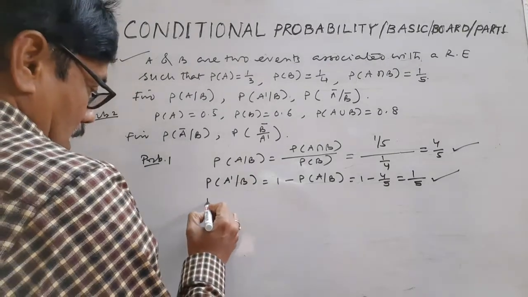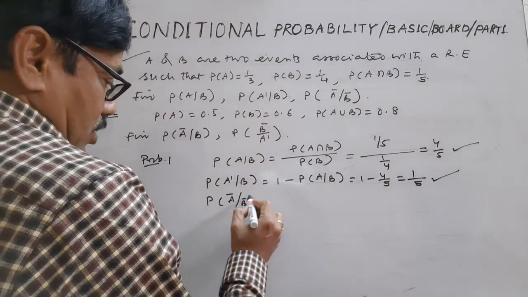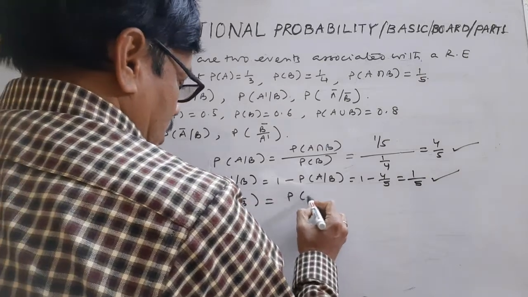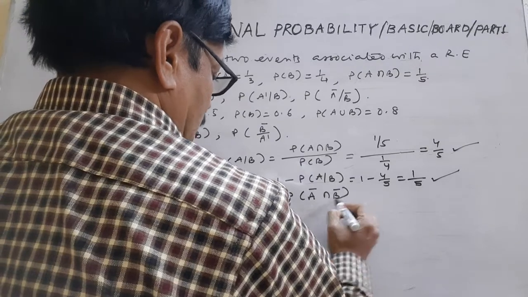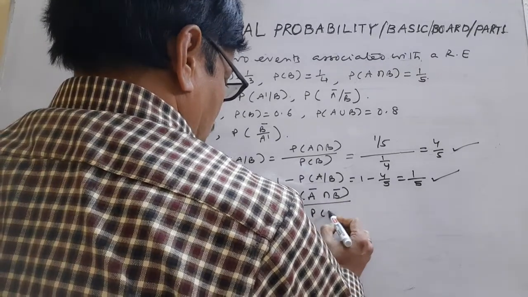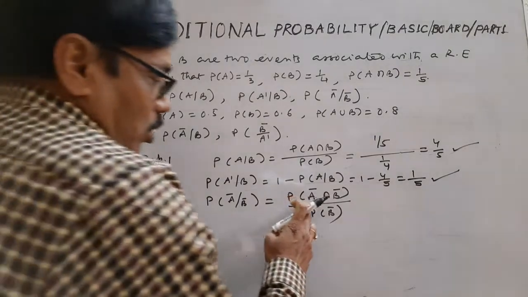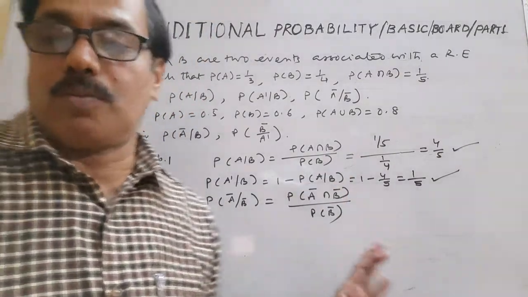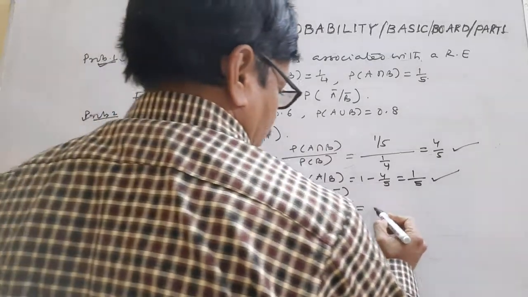Now P(A'|B'). By definition, this is P(A' intersection B') by P(B'). Now, if both are in terms of complement, we use De Morgan's law.